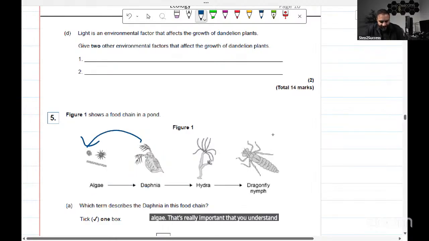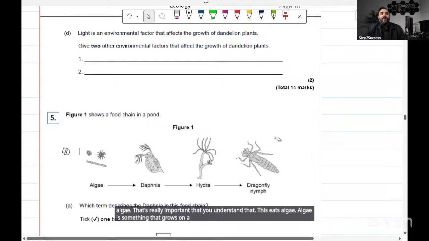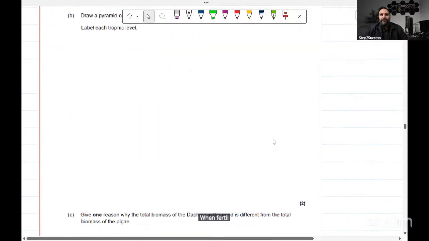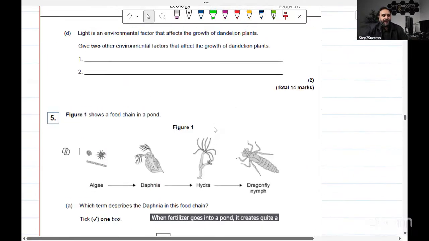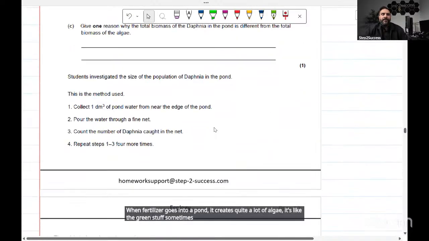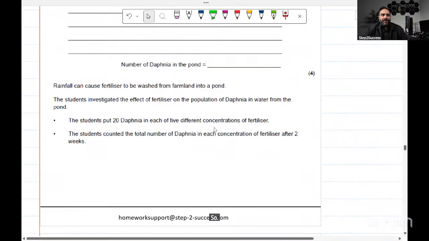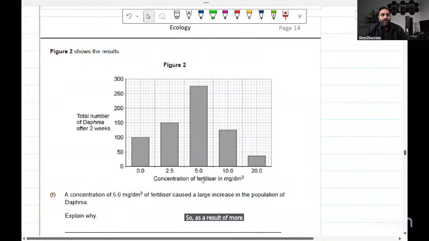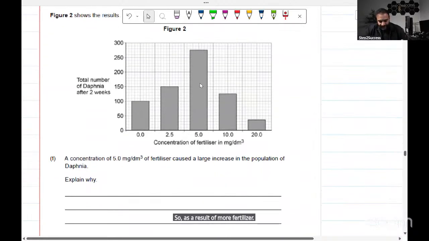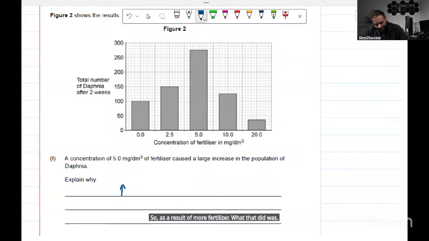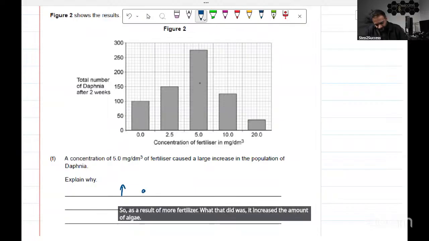This eats algae. Algae is something that grows on a pond. When fertilizer goes into a pond, it creates quite a lot of algae. It's like the green stuff sometimes you find on the top of a pond. So as a result of more fertilizer, it increased the amount of algae in the pond.